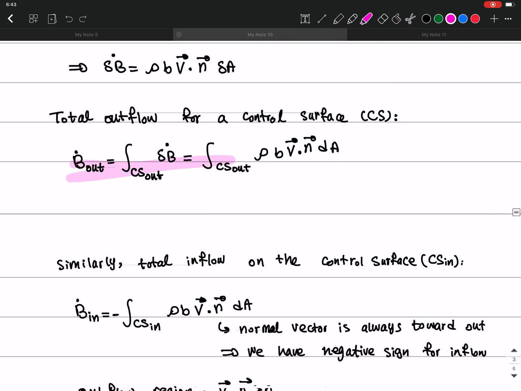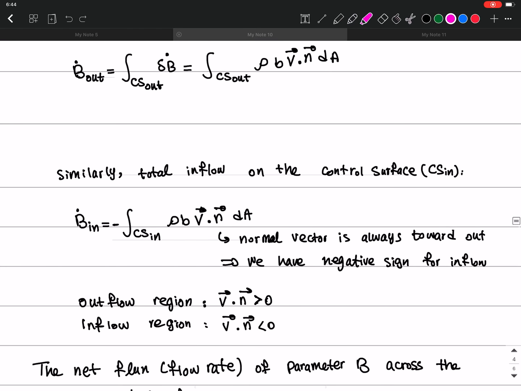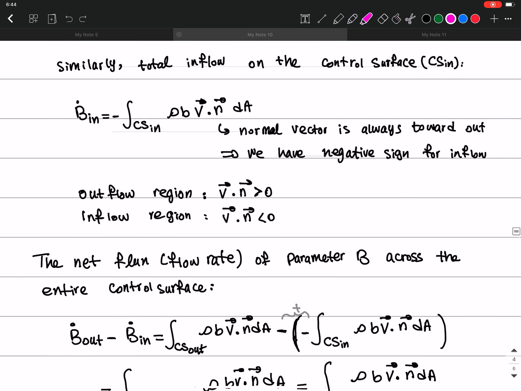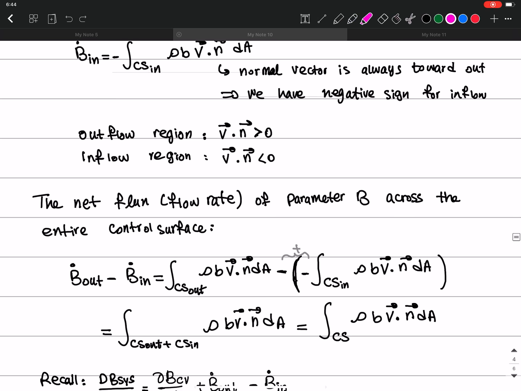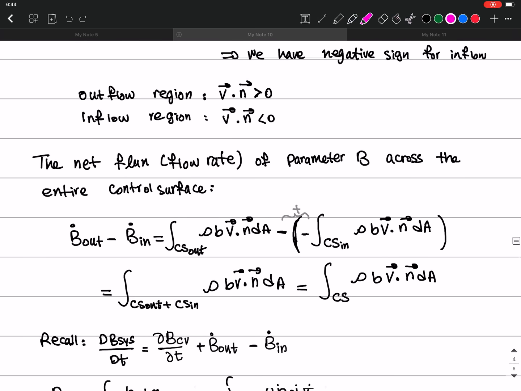So we took the integral over the area elements, CS out and CS in, and based on the definition of the dot product with n, the normal vector, we calculated the net total flux or flow rate of parameter b across the entire control surface, which these two sum up together, and then this will be the integral of rho b v dot n dA over the whole control surface.